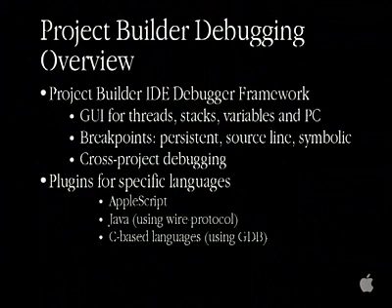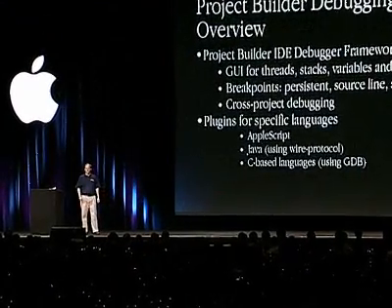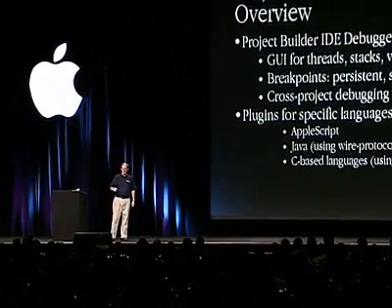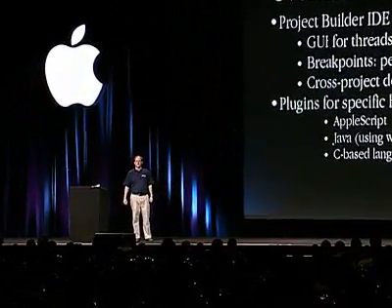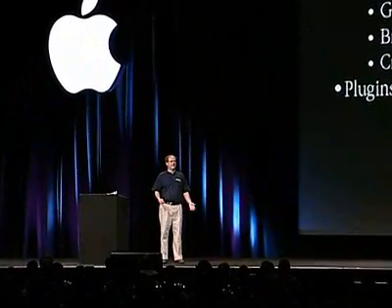We have an AppleScript debugger, a Java debugger, which incidentally is not the same as JDB. It's our own debugger built from the ground up and uses the Java VM wire protocol. And for the C languages, C, Objective-C, C++, Objective-C++, we use the GDB debugger.